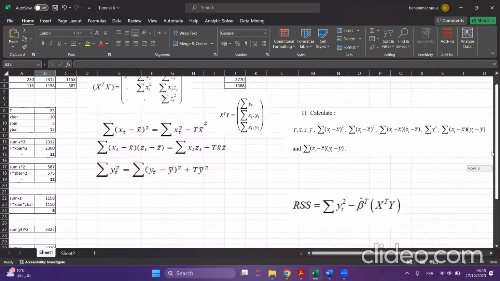We're also asked to do the same thing with z. So we'll be using the last element in XTY.